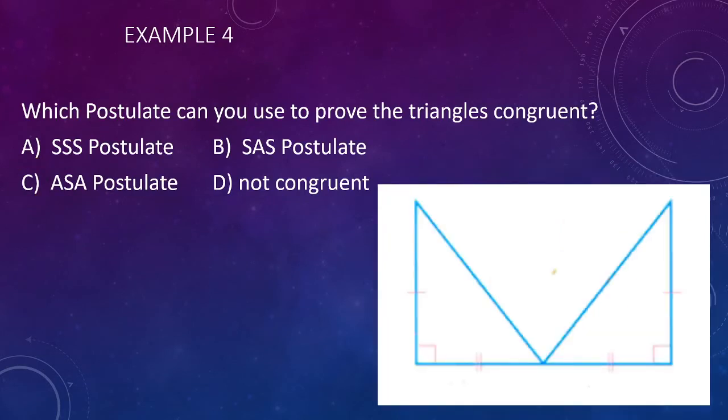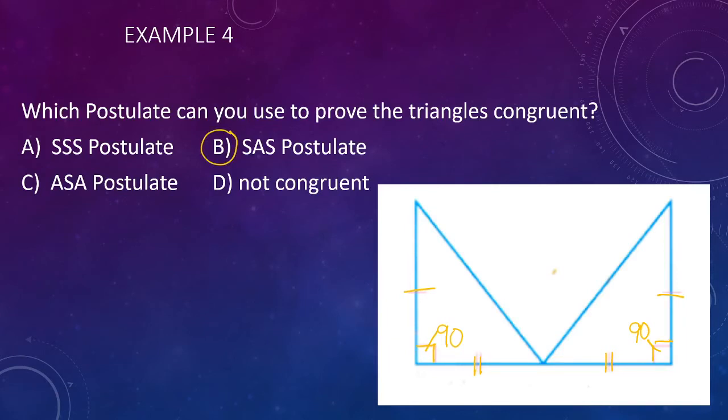What if this is congruent to this? This is a right angle. This is also a right angle. What's the measure of a right angle, section Ruby? 90 degrees. If this is 90 degrees and this is 90, are they congruent? Yes, sir. So what postulate is this? Side angle side.